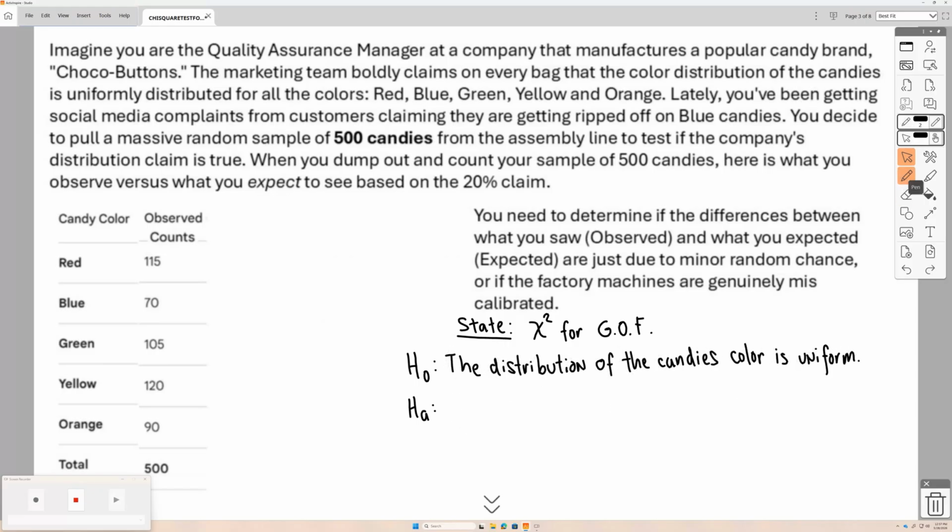Another way, we can say that the null hypothesis is the distribution of candies color is uniform, and the alternative, the distribution of candy colors is not uniform. And the alternative hypothesis is going to be the claim.